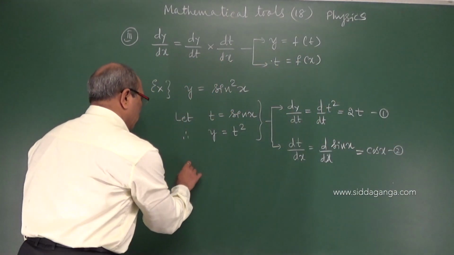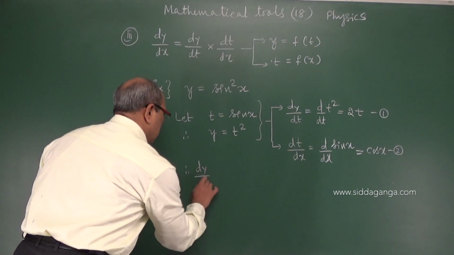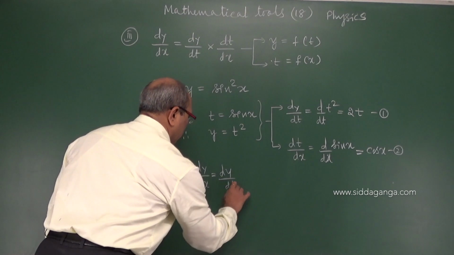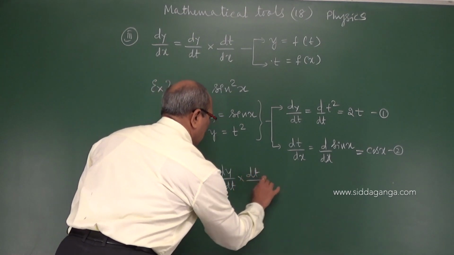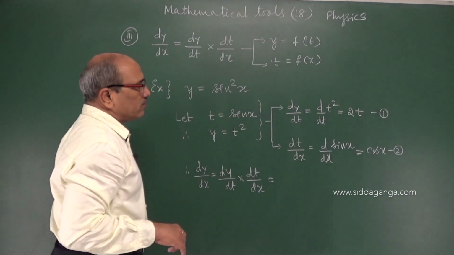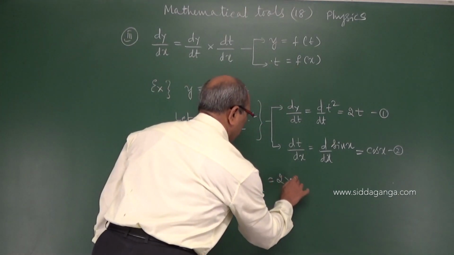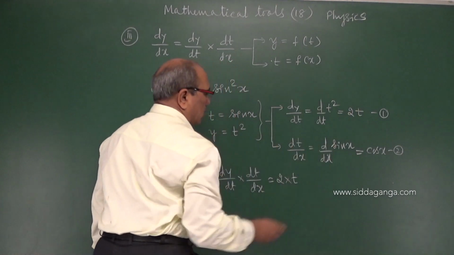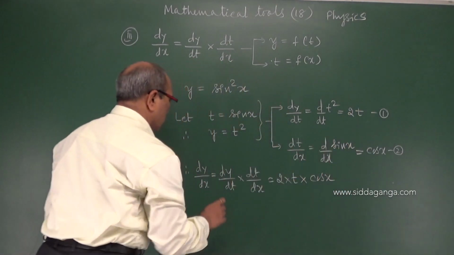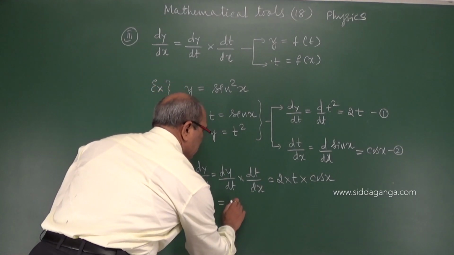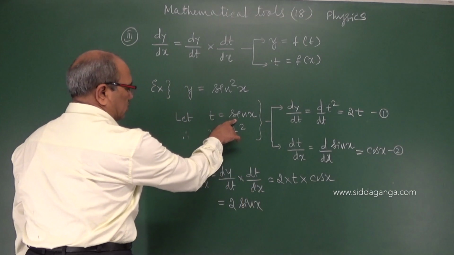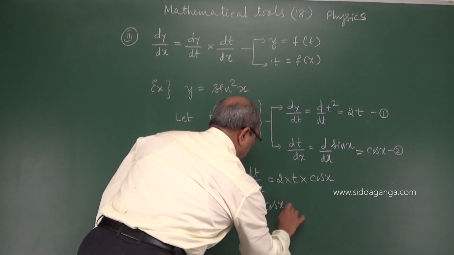Therefore, dy by dx can be written as dy by dt into dt by dx. We got dy by dt as 2t, into dt by dx, which is cos x. So this can be written as 2 into sin x, because t is sin x, into cos x.